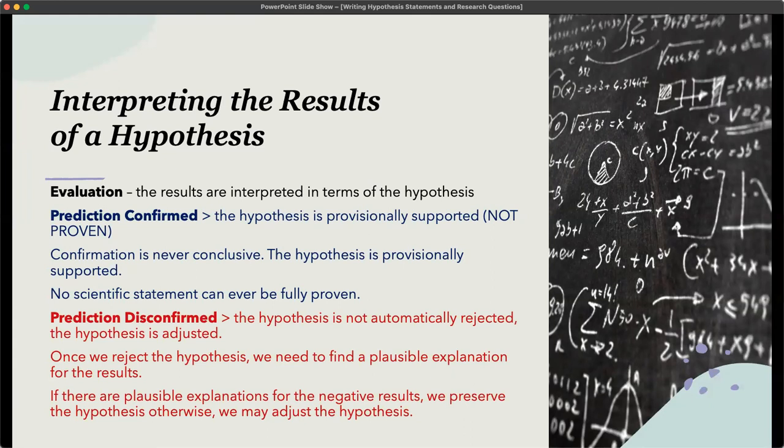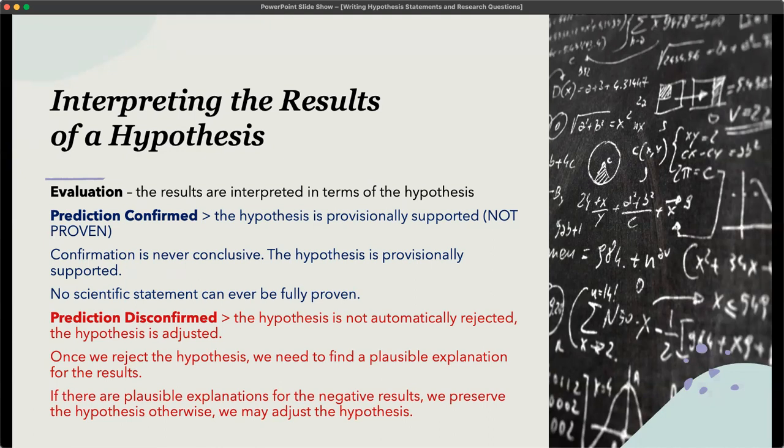So if we get a p-value less than 0.05, the prediction is confirmed. The hypothesis is provisionally supported. It is not proven. You are not proving anything because the confirmation is never conclusive. No scientific statement can ever be fully proven.